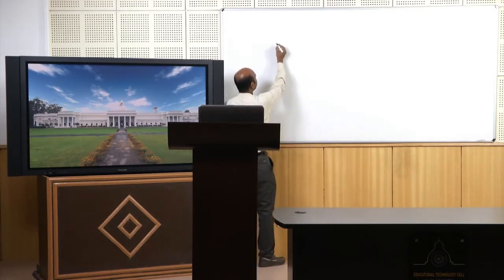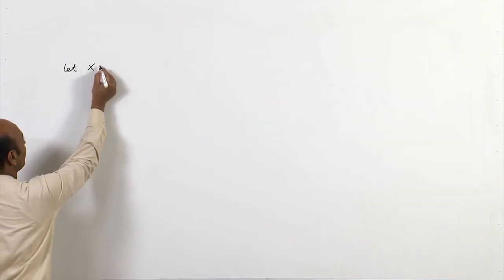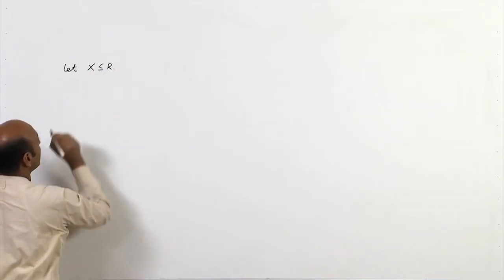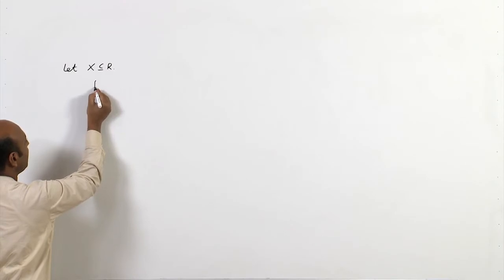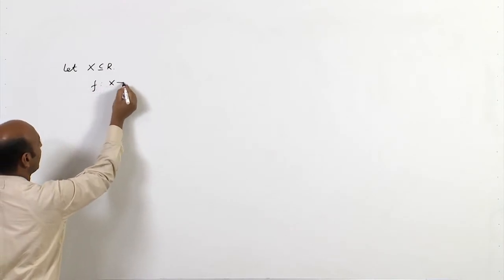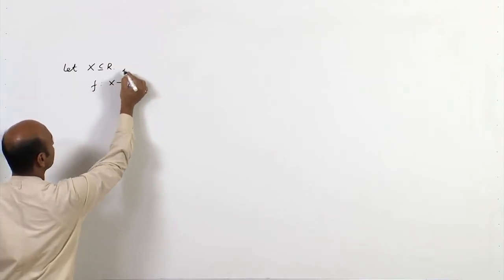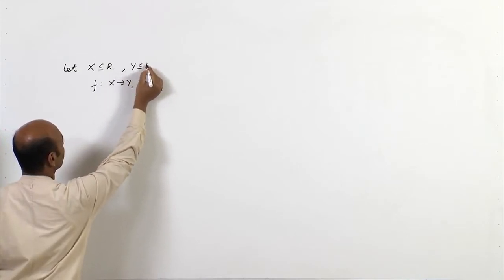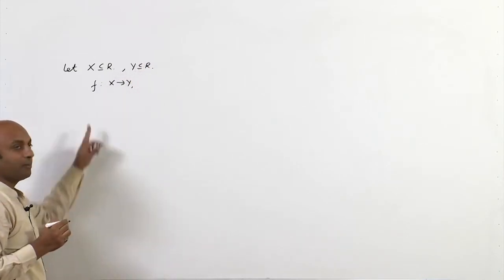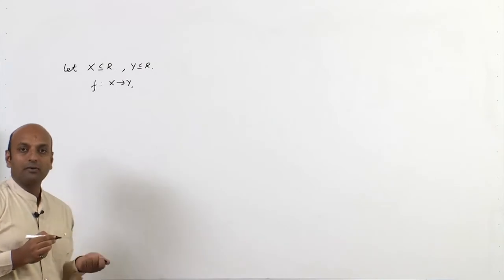Now, let X be a subset of R. Then f from X to R, or X to Y, where Y is also a subset of R, then f from X to Y is called a function.